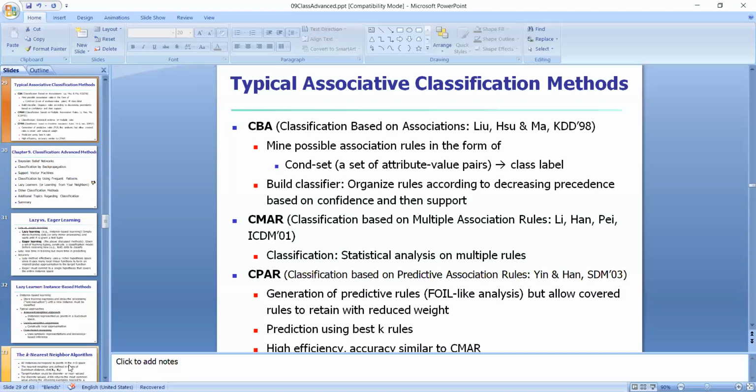SVM is support vector machine. In a plane, we need to spot all our data tuples, right? Then we need to find a hyperplane. We can draw many hyperplanes, but we need to find the hyperplane that gives the maximum margin.